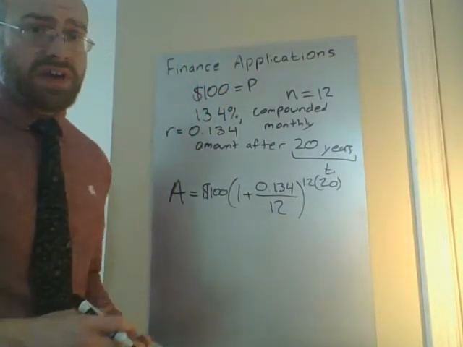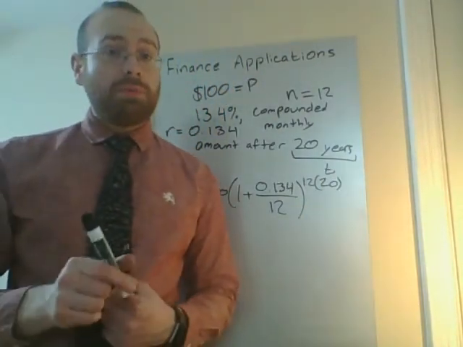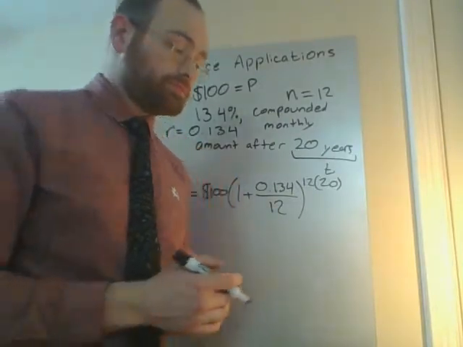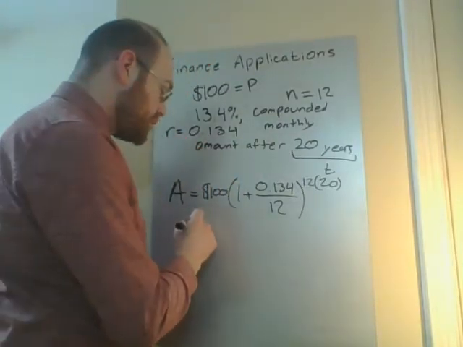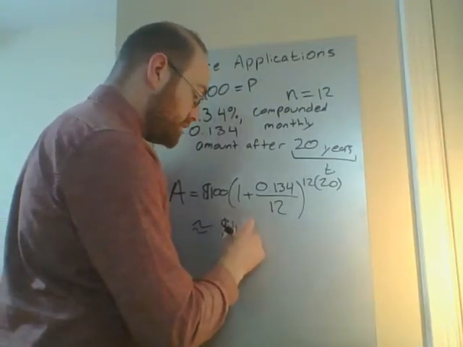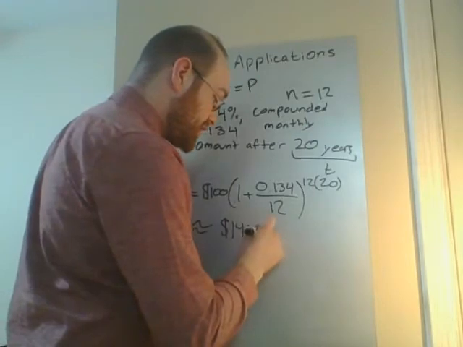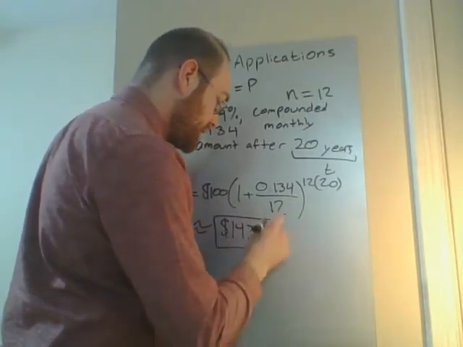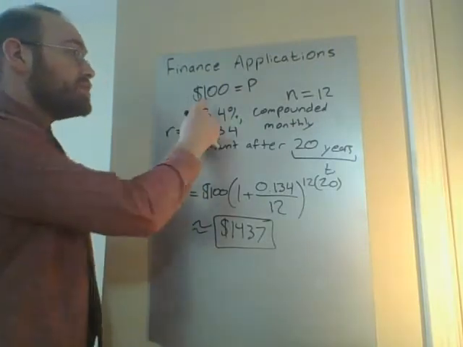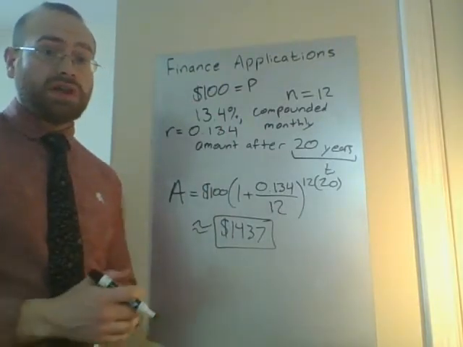Now we could simplify this and break it down step by step, but most calculators will allow you to input it all in one line. And when we do that, we find we have approximately $1,437 in this account after 20 years. Even though we started with just $100.